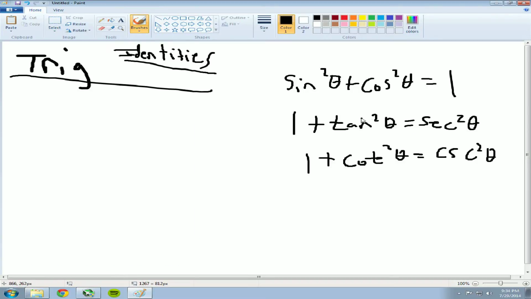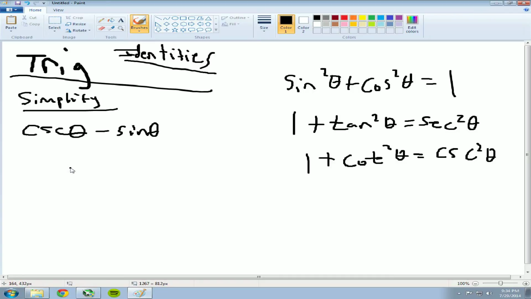So, how do we apply this? Well, for example, if we want to do a problem that says simplify cosecant theta minus sine theta.